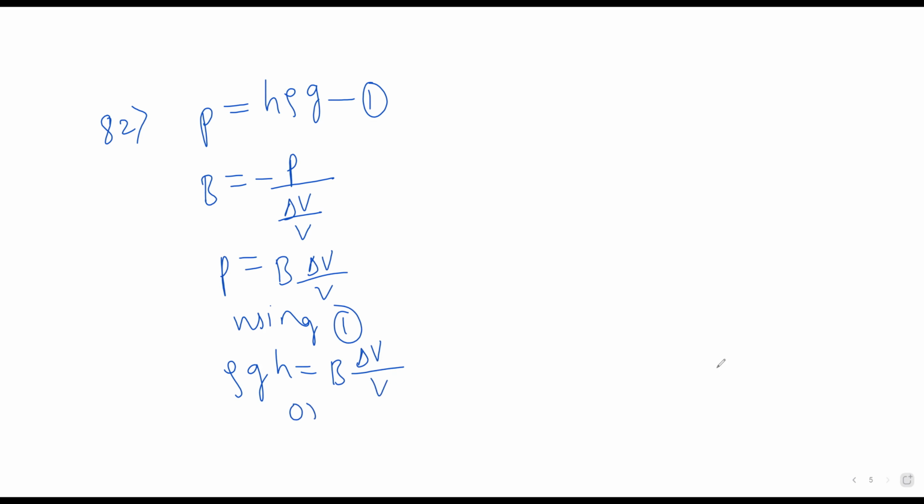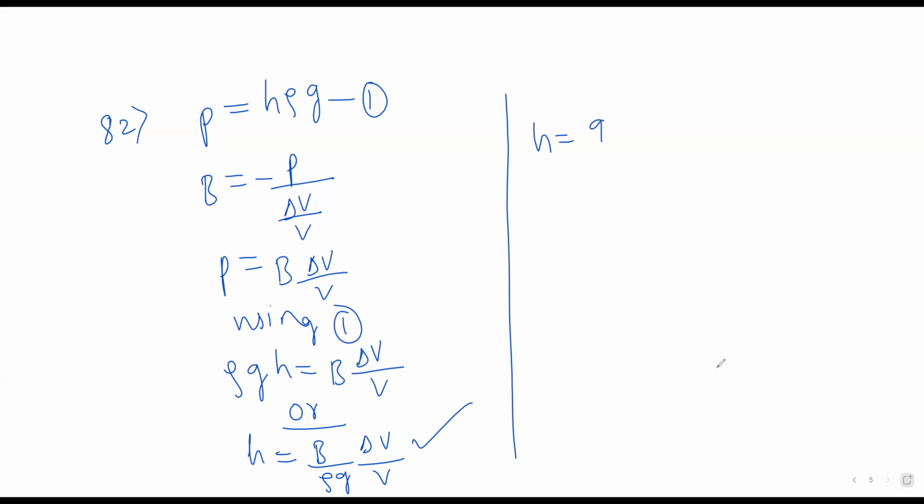So H is equal to B divided by rho G into delta V by V. Substituting all the known values, H is equal to 9 into 10 to the power of 8 divided by 10 to the power of 3 into 10 into 0.1 divided by 100.